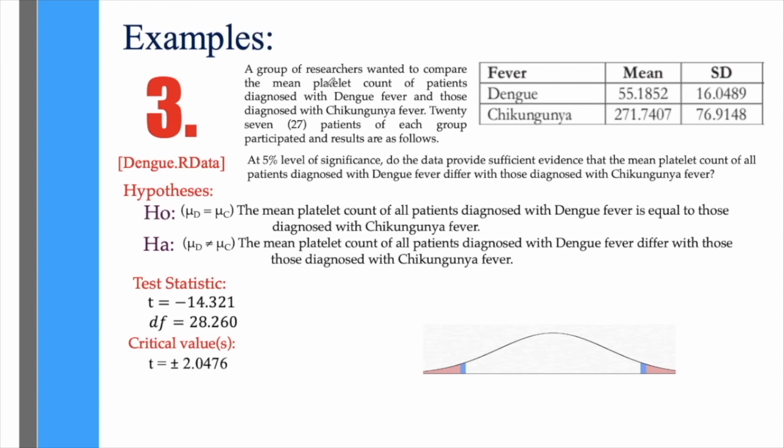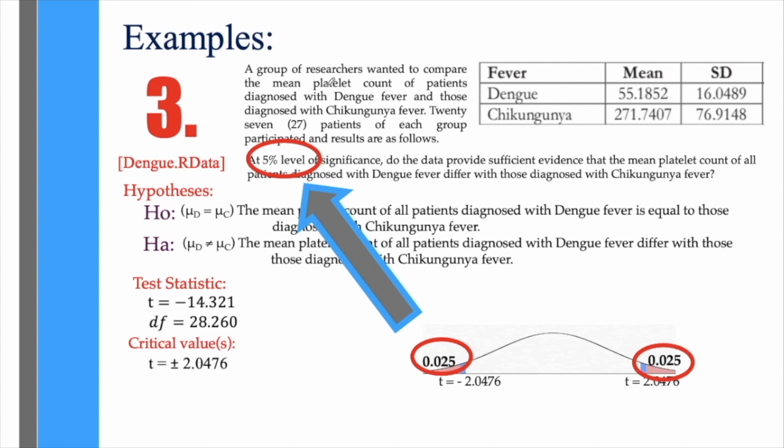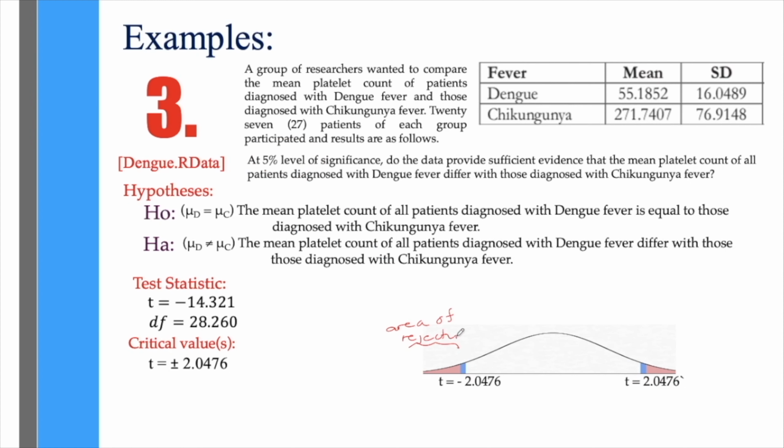Which implies that if this is the t-distribution, the blue line again is the critical value, in which the areas to the extreme, which are both 0.025 when added, is the level of significance, which again sets the area of rejection. So the question is, where is t equals negative 14.321? Is it in the area of rejection? Yes, it is in the area of rejection.